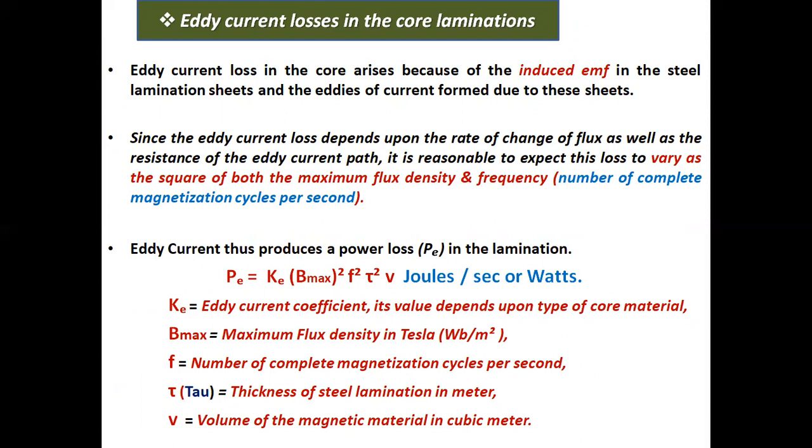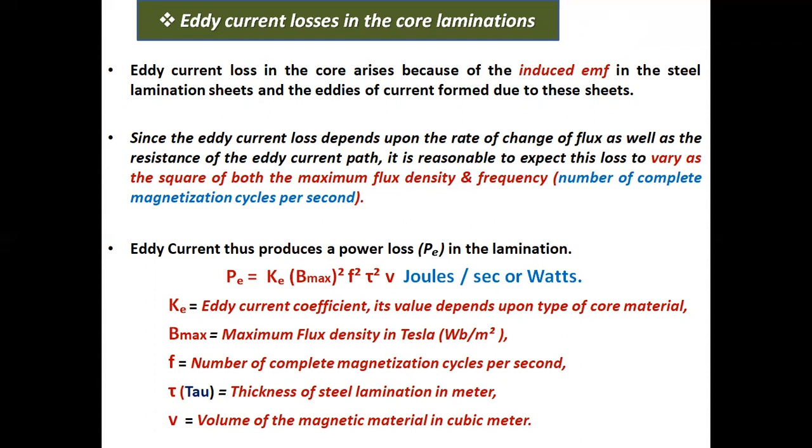Since the eddy current loss depends upon the rate of change of flux as well as the resistance of the eddy current path, it is reasonable to expect the loss to vary as the square of both the maximum flux density and frequency, that is, the number of complete magnetization cycles per second.